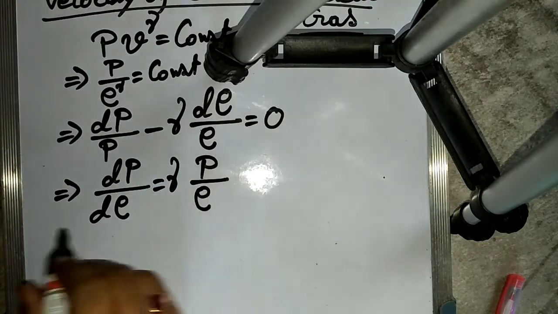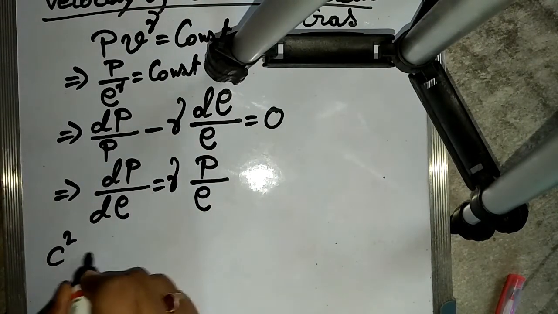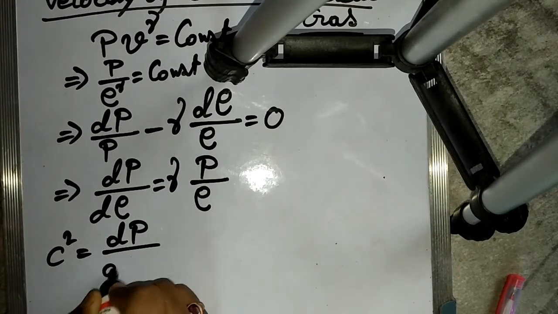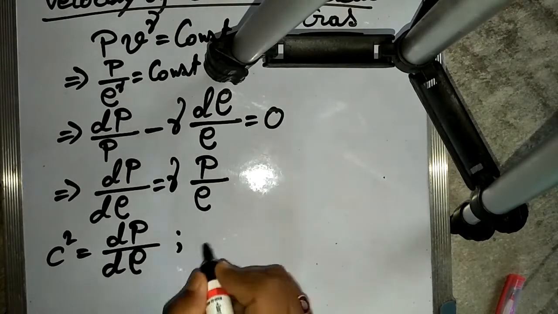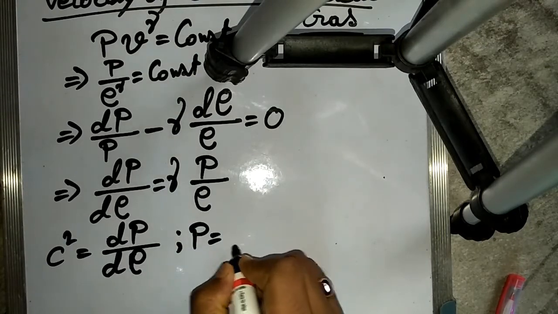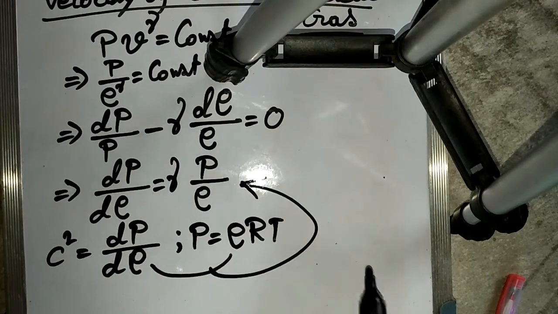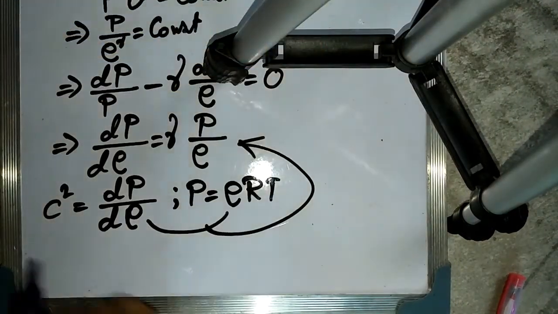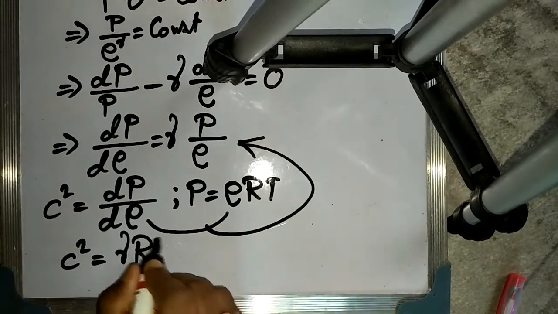Okay, and since we have already shown that c square is equal to dp by d rho, and from the ideal gas law we can write p equals rho into RT, by applying these two conditions into this equation, we can write c square is equal to gamma RT.